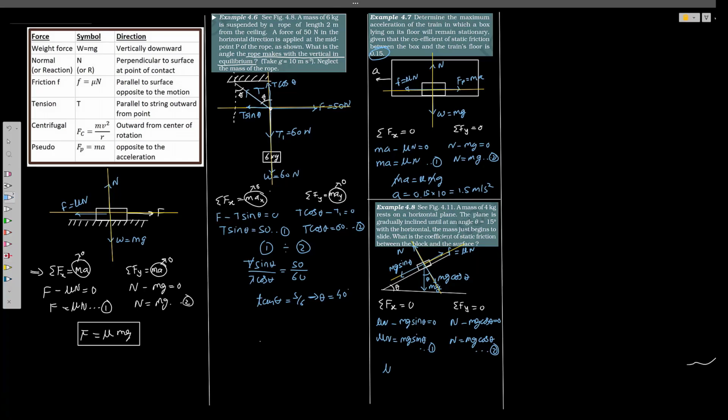So we will get mu into n, which we obtain as mg cos theta, is equal to mg sin theta. So mg will be cancelled out and mu will be sin upon cos, or we can say tan theta, which is given as 15 degree, and tan 15 is nothing but 0.2679.